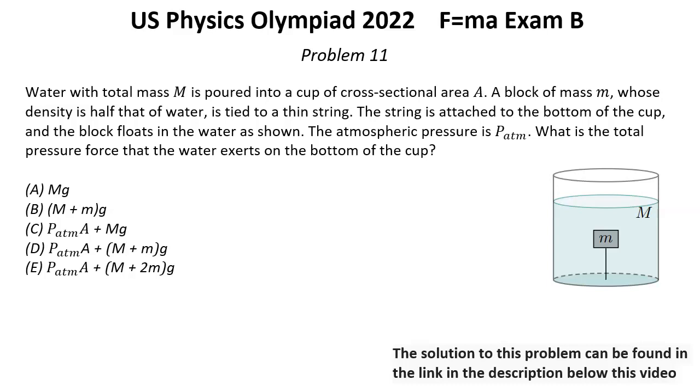To balance all these forces, the base of the cup must exert upward force P atmosphere multiplied by A plus big M plus 2 small m multiplied by G. That's answer E, and that was solution for problem number 11.